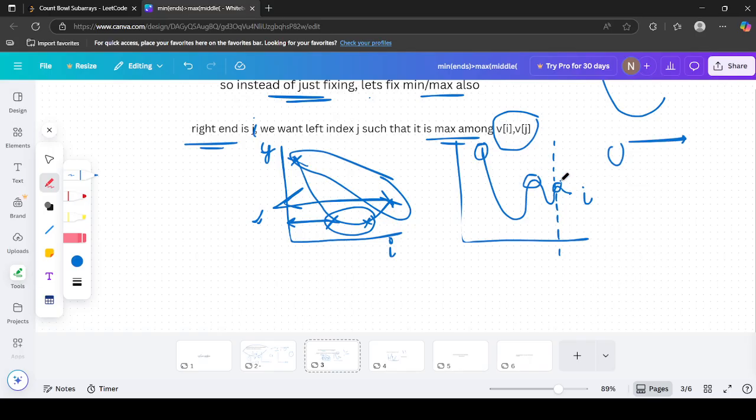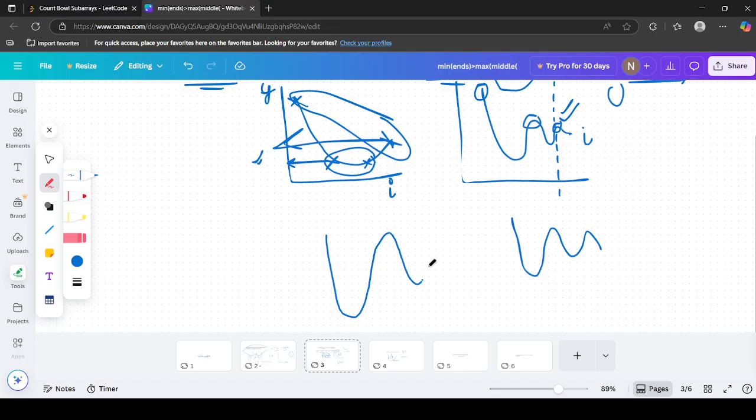Because we assumed that the value at j should be greater than the value at index i also, right? So can this be a possibility, or can this be? It is very clear that only this one can be a possible valid j. Why? Because there is something like this, and this is the number, and this is the j we are thinking about.